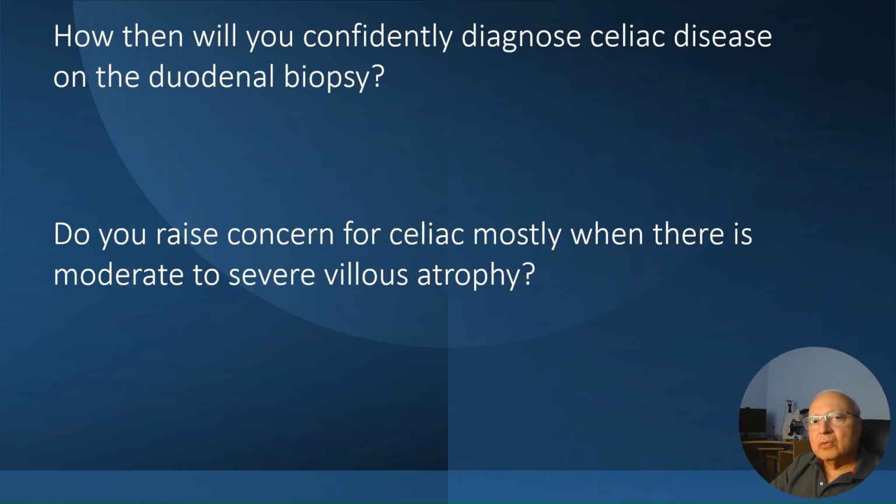Are you otherwise a pathologist who only raises concern of celiac when there is moderate to severe villus atrophy? That is fair in untreated celiac disease. That is typically the case. But as we saw before, we may be missing celiac disease with a lower Marsh grade in certain situations.